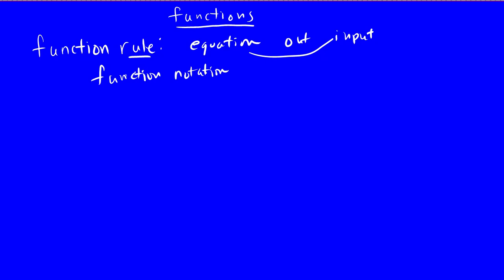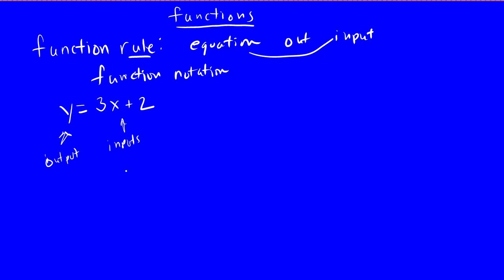So let's look at a function rule first by starting with an output-input equation. If I have this equation, y equals 3x plus 2, that y is my output. That's what happens when a value is multiplied by 3 and then we add 2 to it, right? So x is my input, and whatever happens here, the output is going to be my y value.